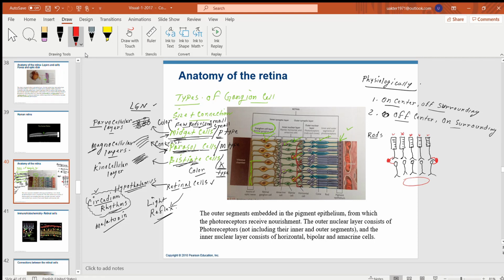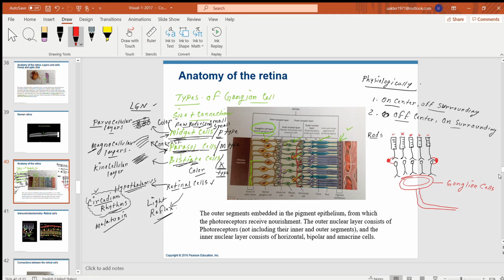Okay, so the receptive field of the ganglion cell, I am just drawing the receptive field of the ganglion cell here. So just think that this is a ganglion cell with its receptive field. So this is the axon, optic nerve, right? So this is the ganglion cell receiving input from all these 5 bipolar cells.